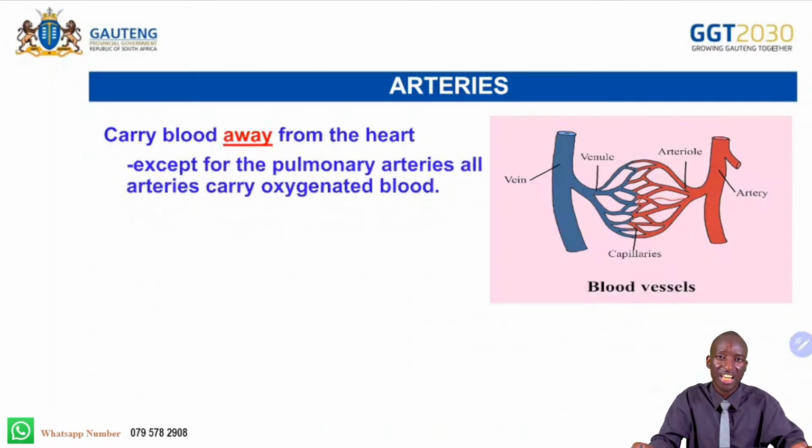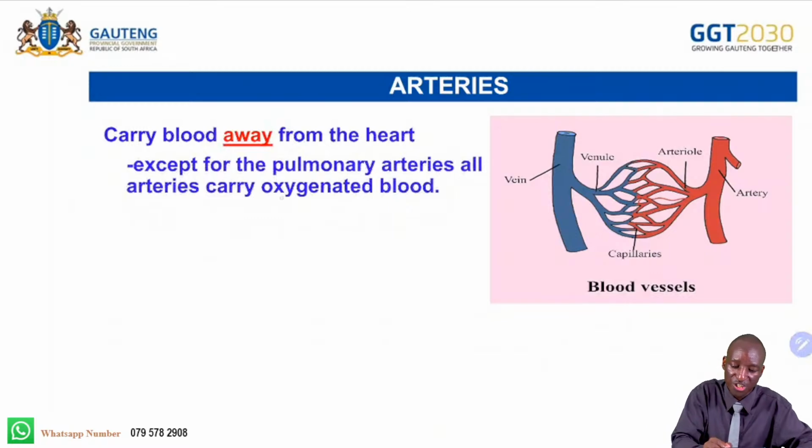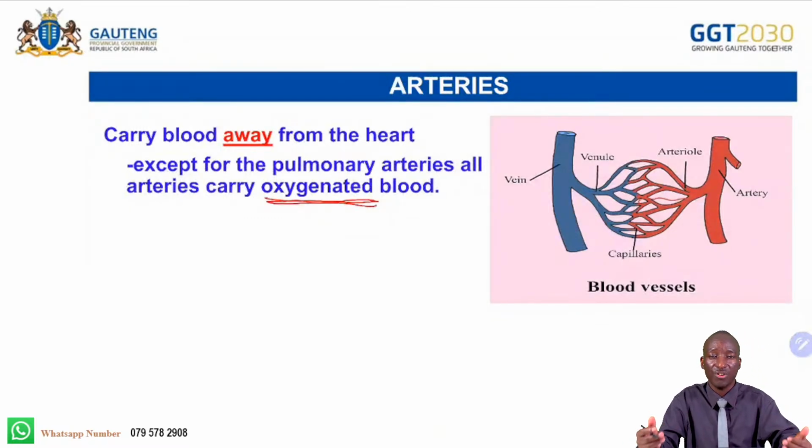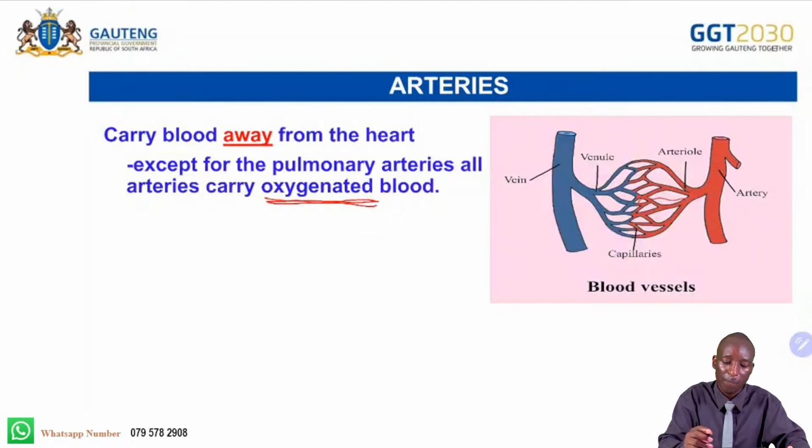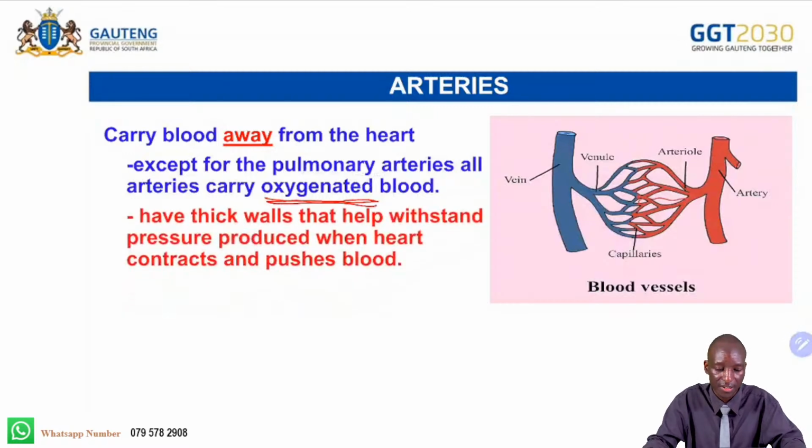We say such blood is oxygenated, meaning it contains oxygen. So we're simply saying that all these arteries carry oxygenated blood, except for the pulmonary arteries. These ones do not carry oxygenated blood.